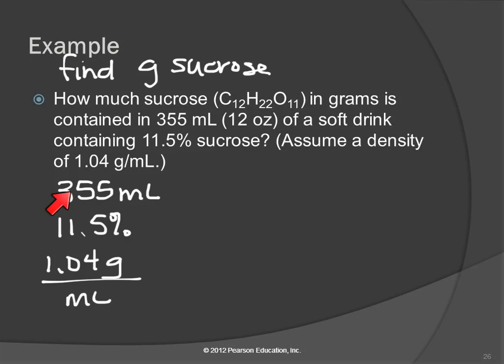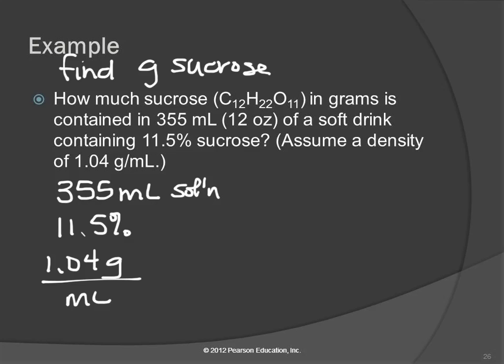This is a volume, and here we're told the density. Is this the volume of the solvent, or the solute, or the solution? It's the solution. It's the can of soda. So that's milliliters of solution.